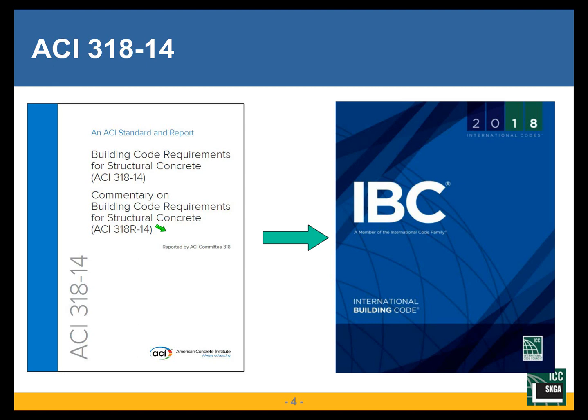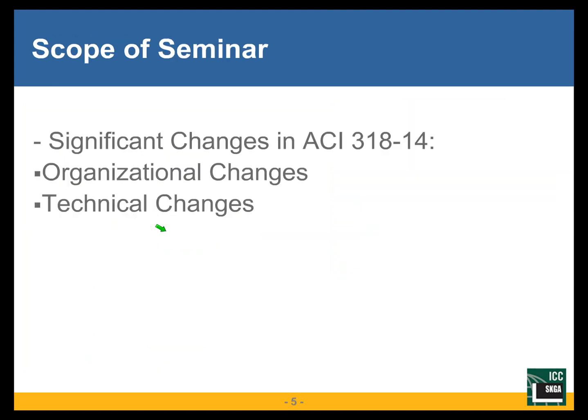ACI 318 remains at its 2014 edition. The only other significant standard that did not change from the 2015 to the 2018 IBC is the special design provisions for wind and seismic, which is a wood design standard.